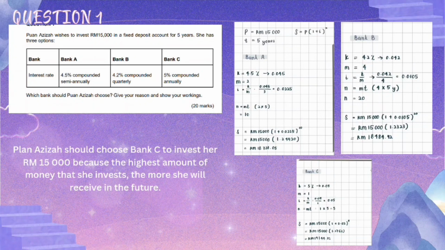We enter the formula, RM15,000(1 + 0.0105)^20. We keep the 15,000 and solve the bracket first. We get 1.2323. We multiply 15,000 by the number in the bracket.